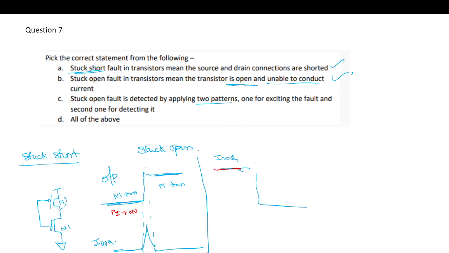This is the high current, the transition current. When we measure this high current, we can detect such short faults. So this method is called IDDQ based testing.